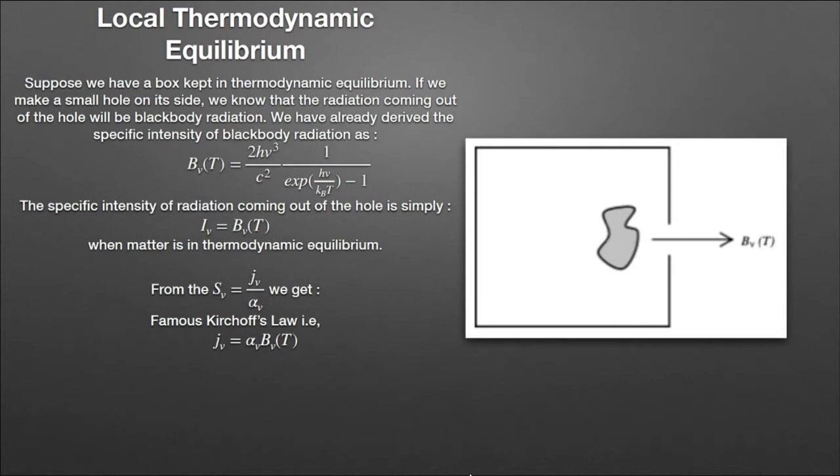Now if we assume the thermodynamic equilibrium we have derived in the equation, the source function should be equal to the black body function, I_ν equal to B_ν, or S_ν equal to B_ν. In a realistic situation we really don't have strict thermodynamic equilibrium. The temperature inside a star is not constant, and it varies with its radius.